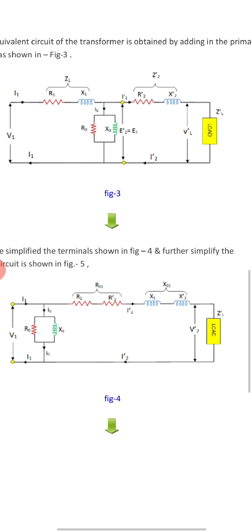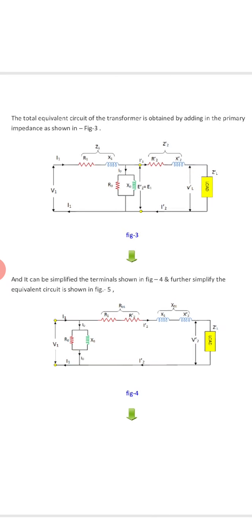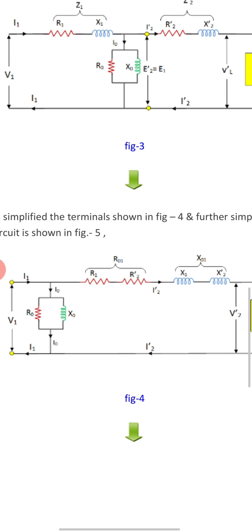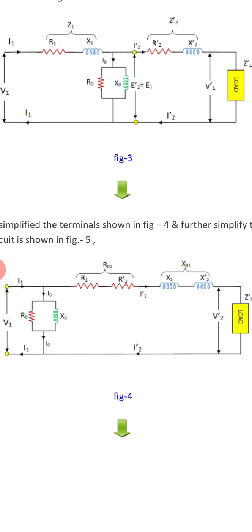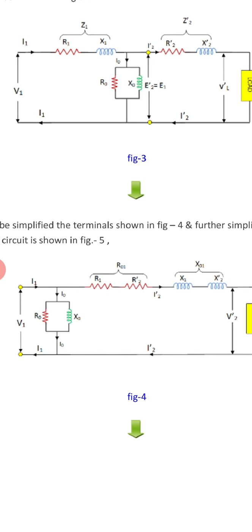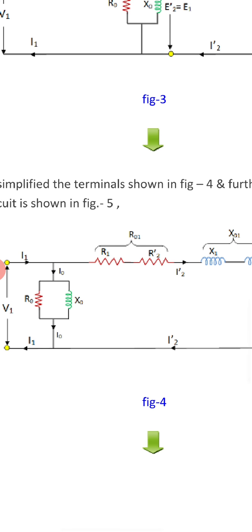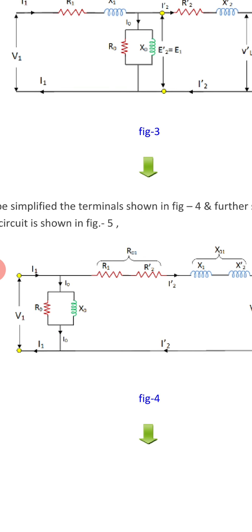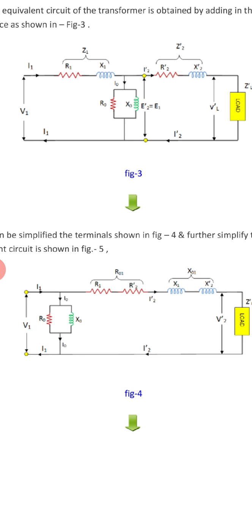Now this circuit can be simplified further. So this is the final simplified circuit, the equivalent circuit of the transformer. Here we can see that the input voltage V1 is supplied to the primary winding, and I0 is the no load current, and it has two components, the magnetizing and the working component.